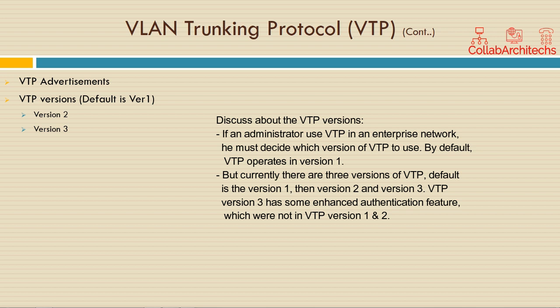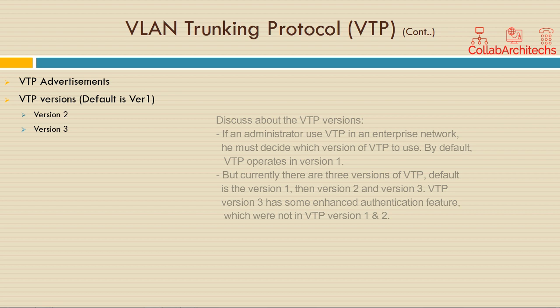By default, VTP operates in version 1, but currently there are three versions of VTP. Default is version 1, then version 2, and version 3. VTP version 3 has some enhanced authentication features which were not in VTP versions 1 and 2.